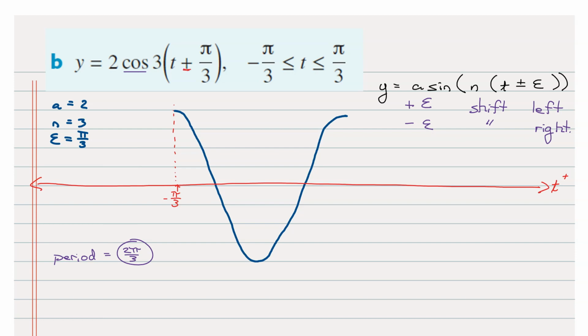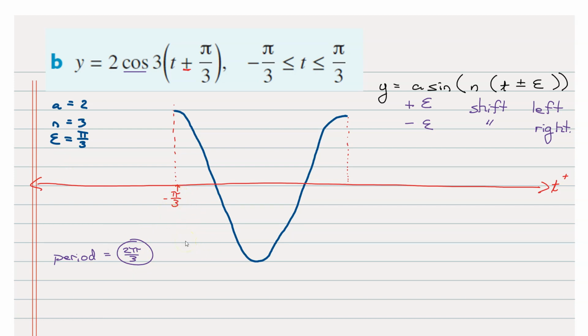Now, if we've got this cosine function starting at negative pi over 3, then what about after one period? Where will be the point of the repeat of this cosine function? It's going to be the period plus negative pi over 3.